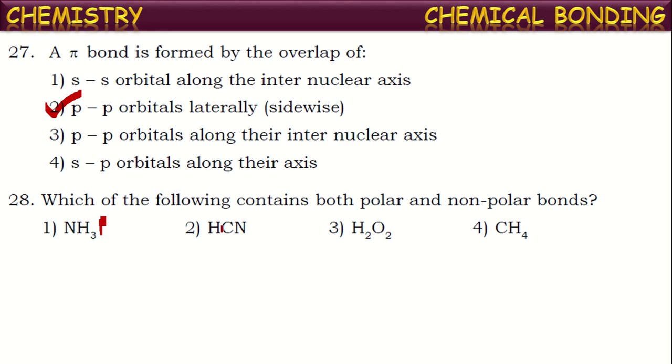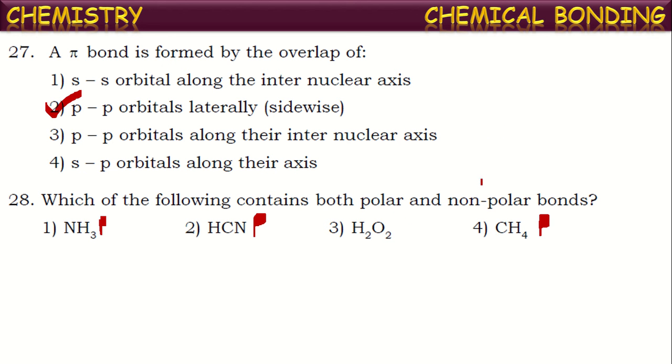If you see HCN, between carbon and nitrogen there exists a polar covalent bond, because nitrogen is more electronegative. And between carbon and hydrogen also there exists a polar covalent bond, because carbon is more electronegative, and hence a polar bond is formed. So only polar bonds. In methane, between carbon and hydrogen there exist only polar bonds, because carbon is more electronegative than hydrogen.